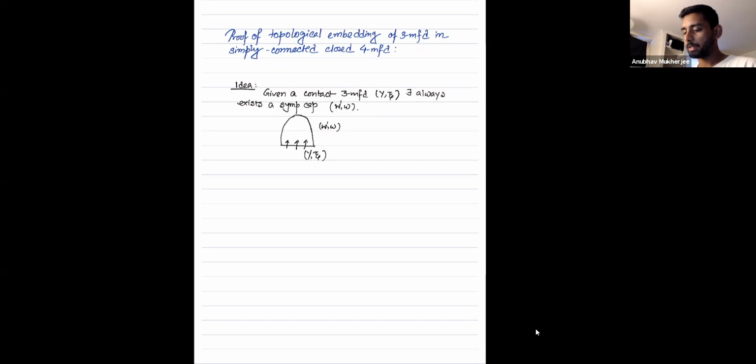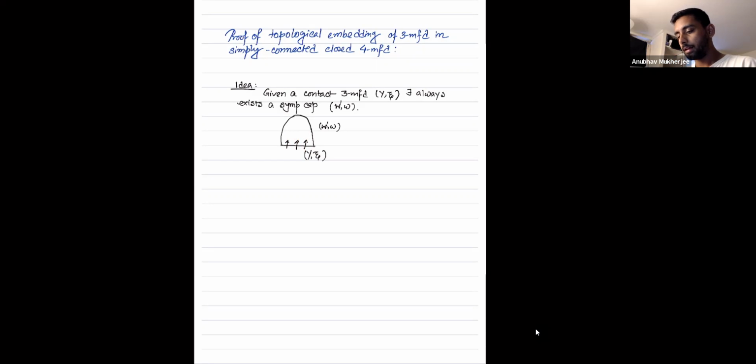By symplectic cap in this sense, what I mean is that the symplectic structure on this 4-manifold W prime induces a Liouville vector field pointing inwards with respect to the boundary contact structure side.